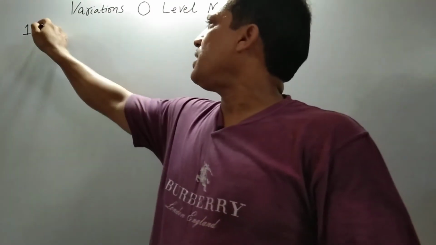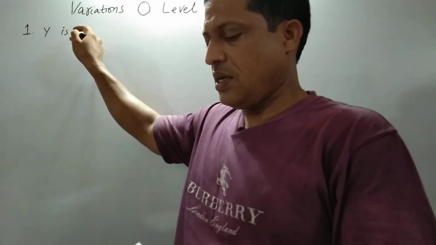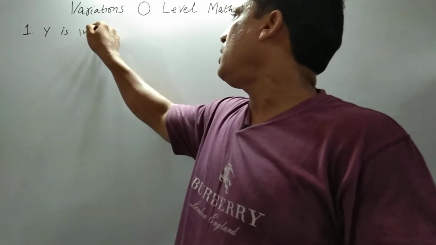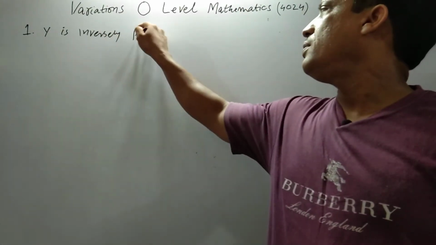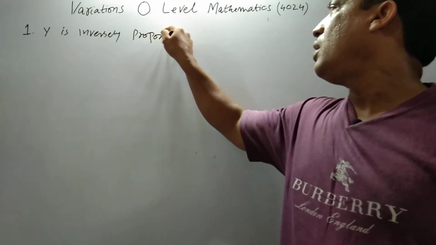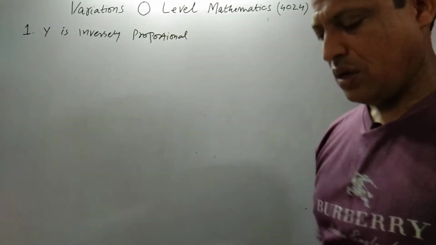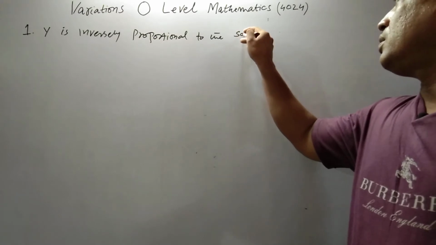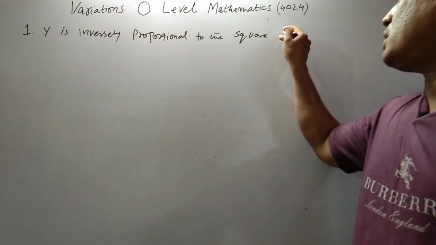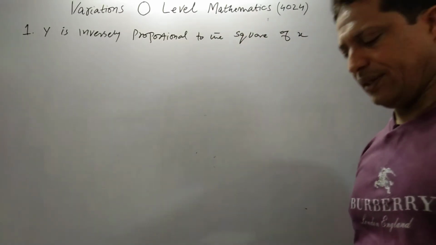Question number 1 is: y is inversely proportional to the square of x.